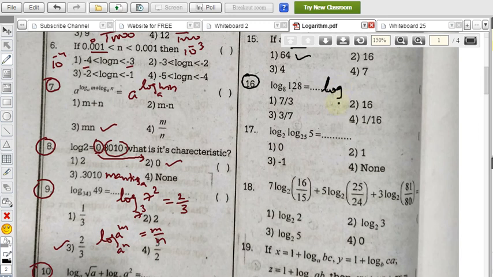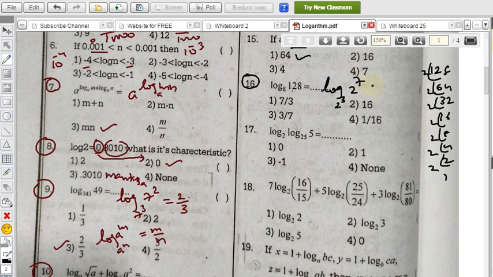Log 8, we can write as 2 cube. 128 factorization: 64, 32, 16, 2 8s, 2 4s, 2 2s, 2 1s. Finally 1 2 3 4 5 6 7. So 2 power 7. Then according to the property, 7 by 3 log 2 base 2.